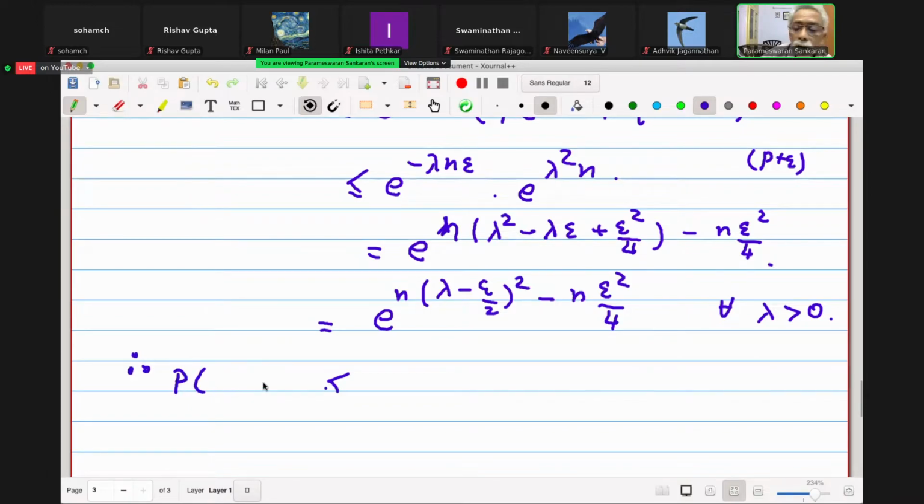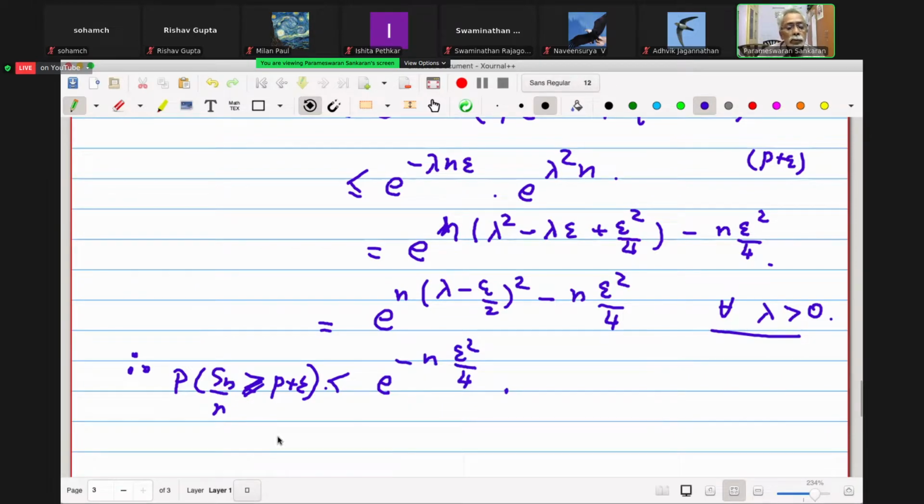Therefore, I write this is true for all this thing. Therefore, the probability that Sn by n is greater than or equal to p plus epsilon is less than e power minus n epsilon square by 4. Okay.